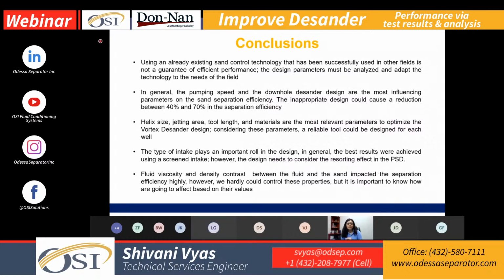If the fluid is much denser, or the viscosity is much higher than in the Permian versus in Colombia or North Dakota, that's what gives us a better idea of the right size.